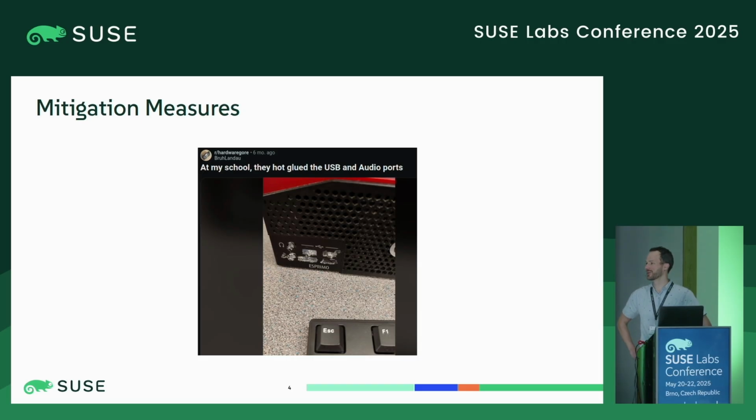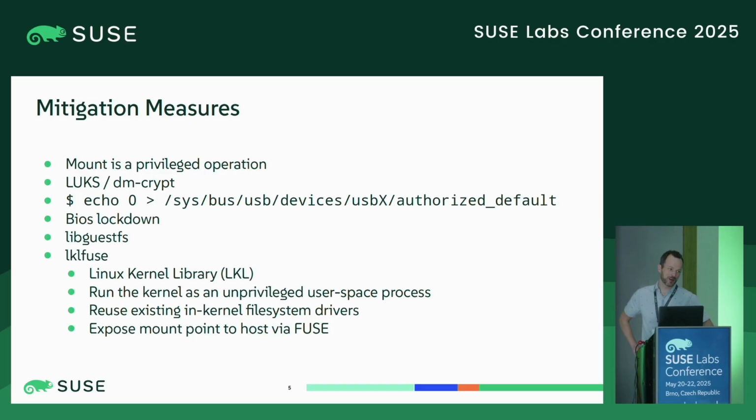Mitigation measures. So obviously in this case, we have a physical barrier for insertion. It's a bit brute force. So there are quite a few other options. So at the moment, in kernel land, we'd often just say, look, mount is privileged, so it's not our responsibility. But it's a bit more nuanced than that, in that most distributions offer a means to mount as an unprivileged user.